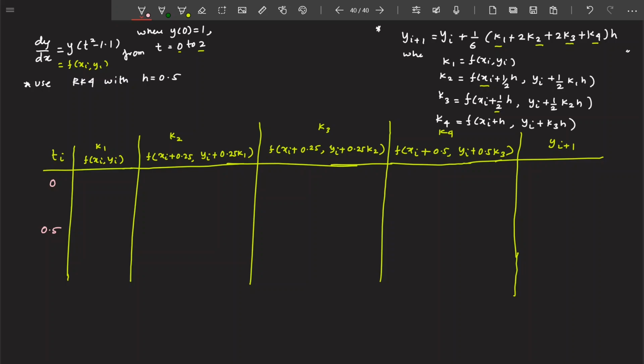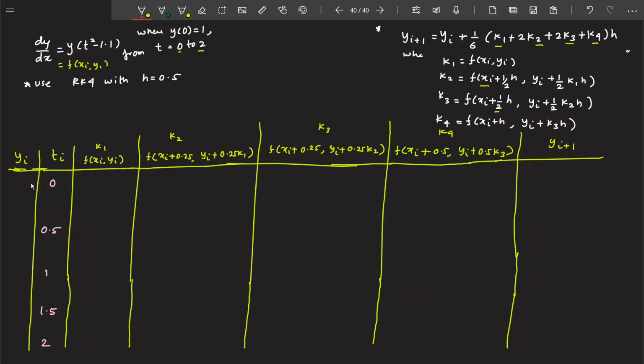Then the next is going to be 1, then 1.5, and then 2. Let's start with this first. One more thing that I forgot to write down is the value of yi. That is also required. When t is equal to 0, y is equal to 1.